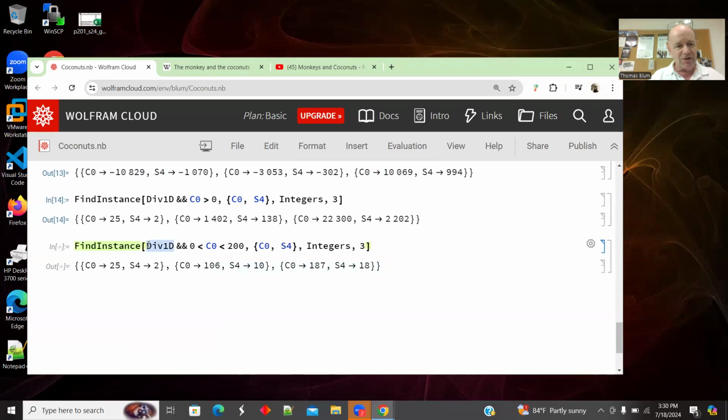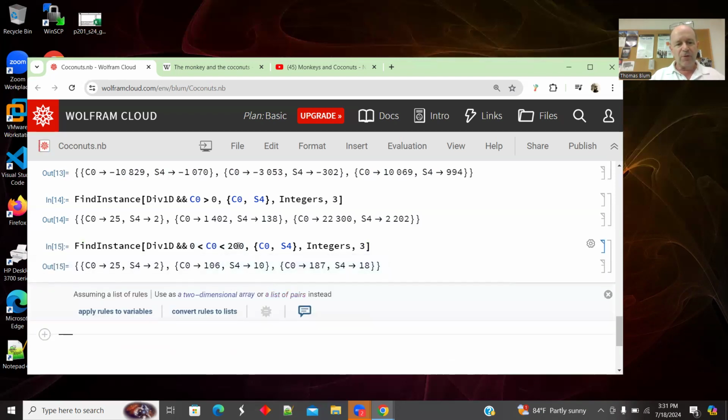That was my Diophantine equation, and here's the condition I'm putting on the instances: C0 greater than 0 and less than 200. Those are the 2 things I'm looking for, C0 and S4. I want integer solutions, and I'm looking for 3 solutions.